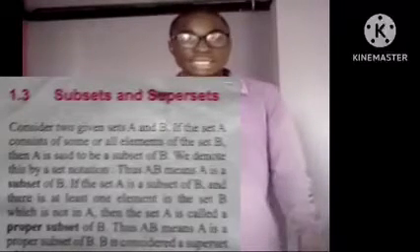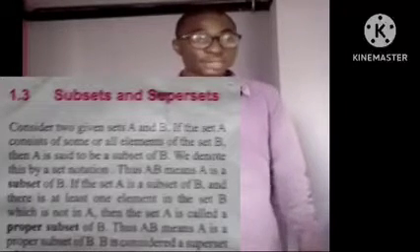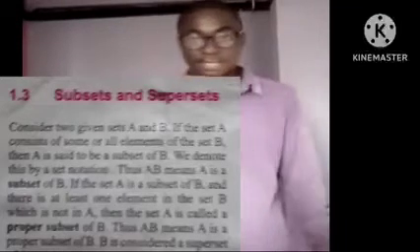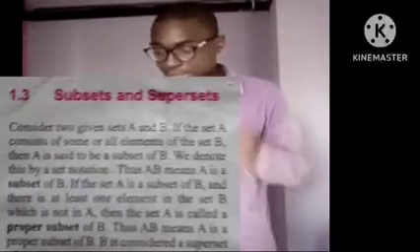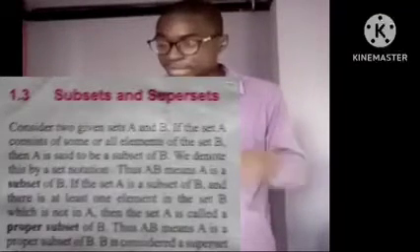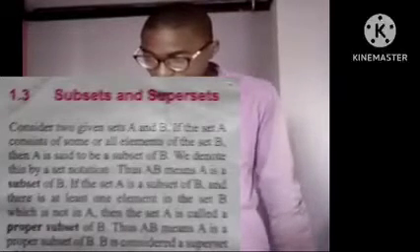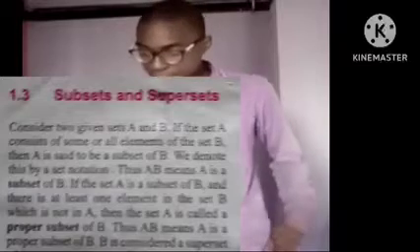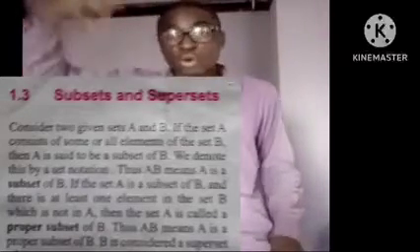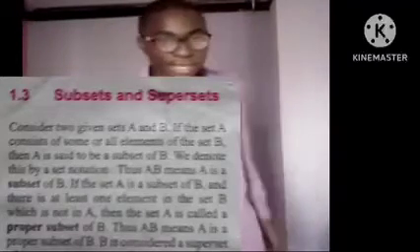From what you can see on the screen here, there's a display showing subsets and supersets, with an explanation. Consider two given sets A and B. If the set A consists of some or all of the elements of set B, then A is said to be a subset of B. If set A consists of all the elements in B, it's called a proper subset.